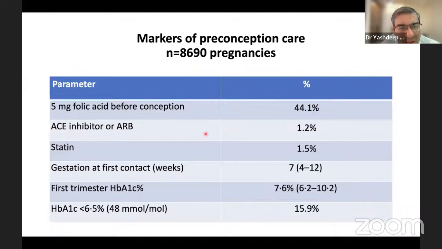There were a certain number of ladies on potentially unsafe drugs at the time of conception, and the first trimester A1C was on a higher side. The A1C goal of less than 6.5% was achieved in only 1 out of 6 ladies, which shows that even in the best of scenarios where the resources are available, the optimization is very, very poor.